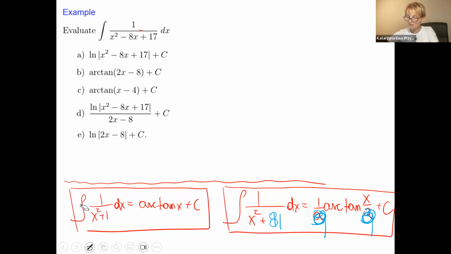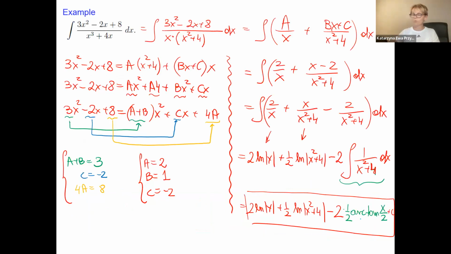If this quantity is 4, what will be the denominator? 2. Yes, that's the 1/2 you're asking about. In general, if it's a squared, it will be a and a. That means that for 4, we have 1/2.